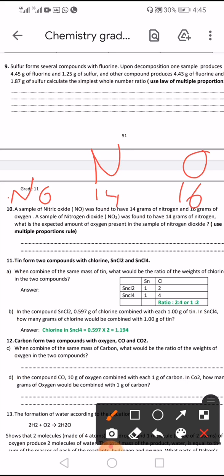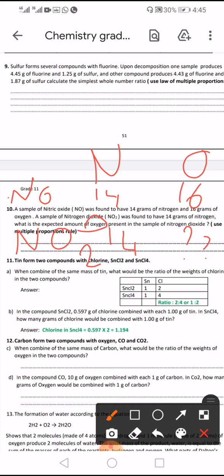We have also another sample, another compound, nitrogen dioxide, NO2. We have 14 grams of nitrogen. Here we want to calculate the expected amount of oxygen in nitrogen dioxide.